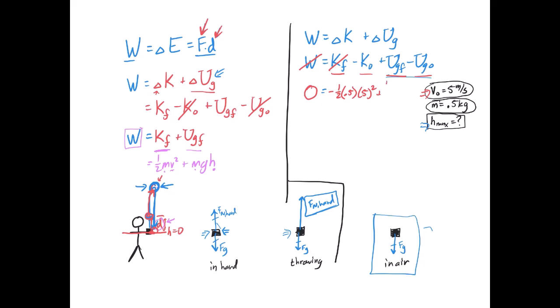So remember, gravitational potential energy is mgh. So that's going to be the mass of 0.5 times the g of 9.8 times the height, which is what we're looking for. That's going to be that maximum height above the release point. Then if we do the math there, we end up getting that the maximum height above the release is about 1.28 meters. All right, and that's just by doing the math, moving it over, and solving for h.